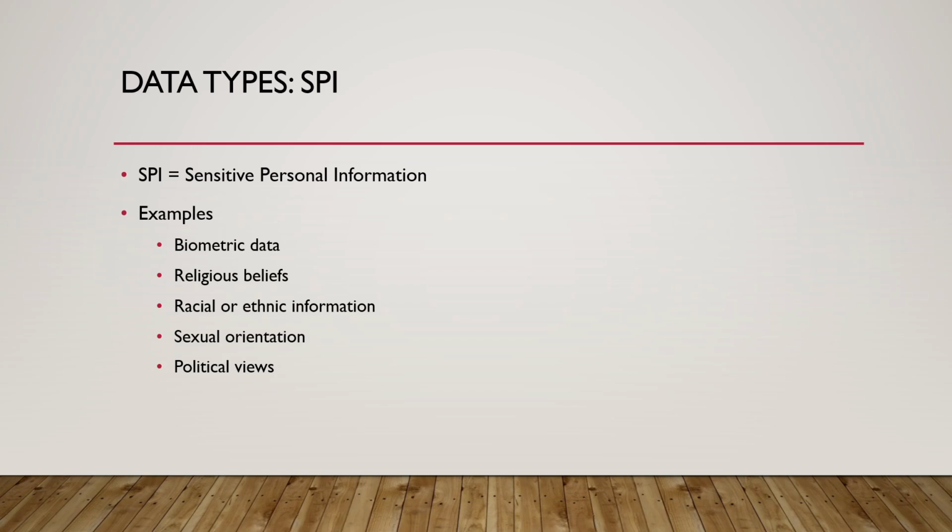It needs some additional security beyond PII because it can have a lot of other information like biometric data, your religious beliefs, racial or ethnic information, sexual orientation, political views, and this data needs to be minimized because there are a lot of times where this data does not need to be collected, but sometimes is collected for a certain reason within an organization. Just like identification information when you apply for a job, that information is there for tax relief or tax credits, but is not needed in most of the organization.